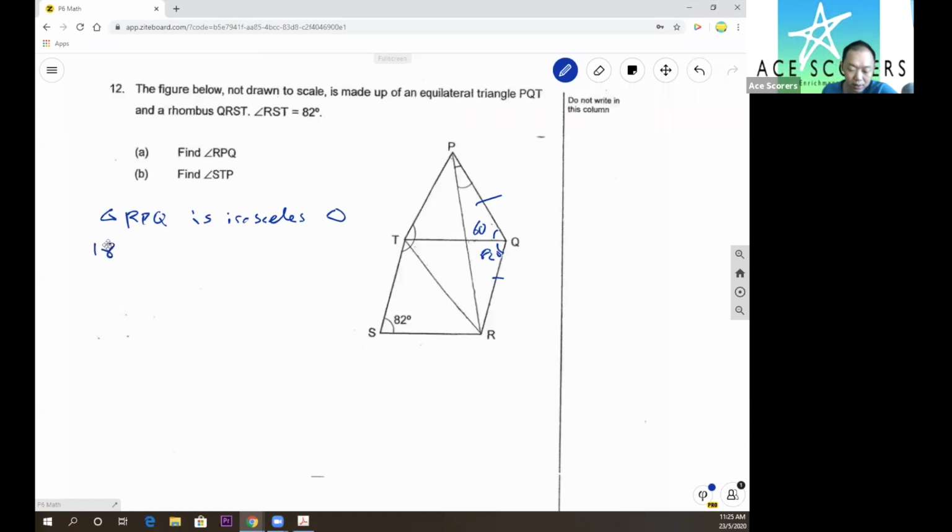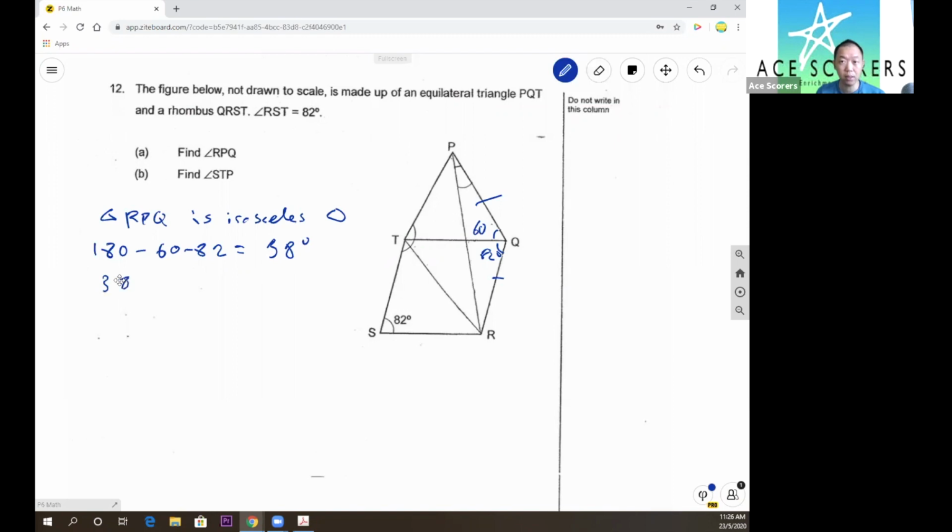If I take 180 minus 60 minus 82, I get 38 degrees. 38 must divide by 2.